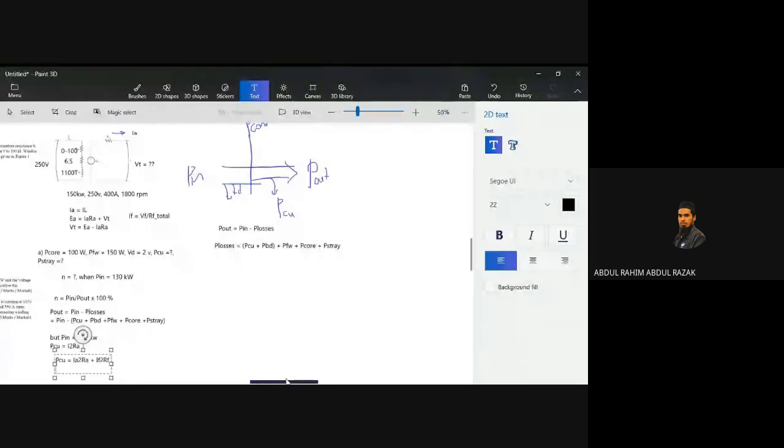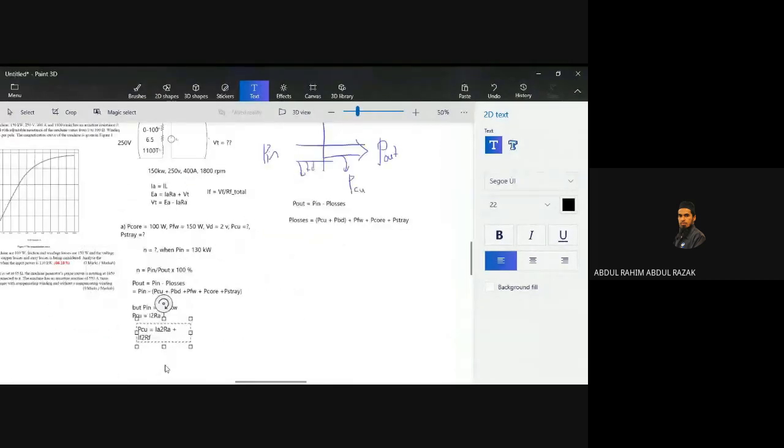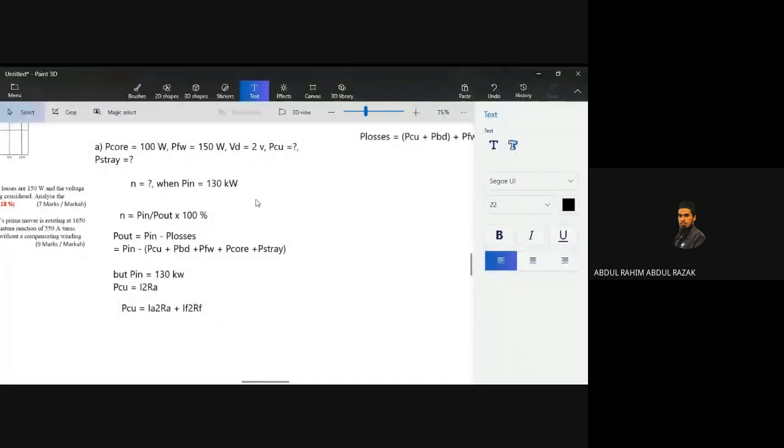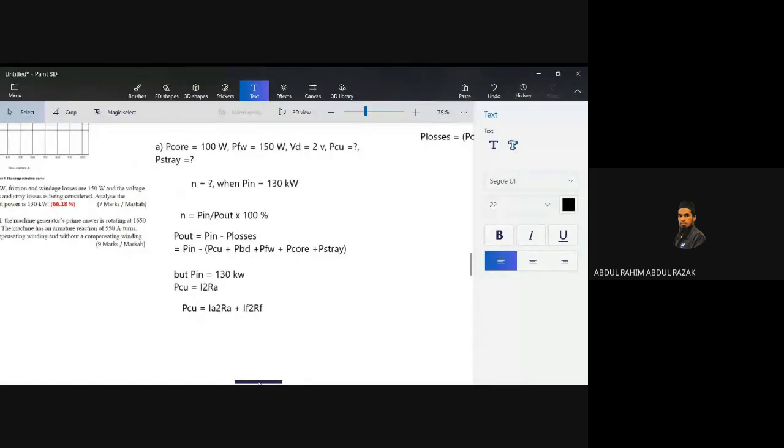So I F you have to calculate, and I A you also have to consider from the values in the question.